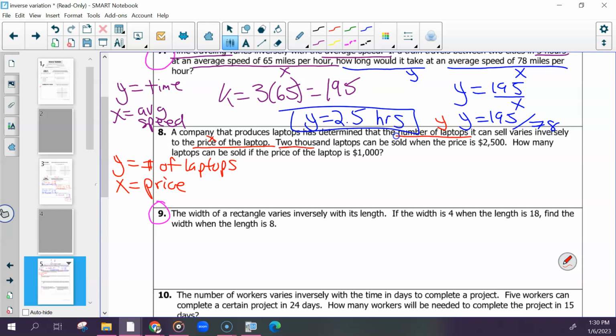So the 2,000 will be your number of your Y. The price we know is X. Use those numbers to find your K. It's going to be a big number.